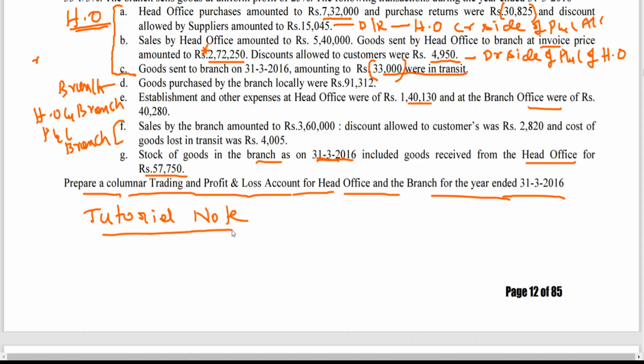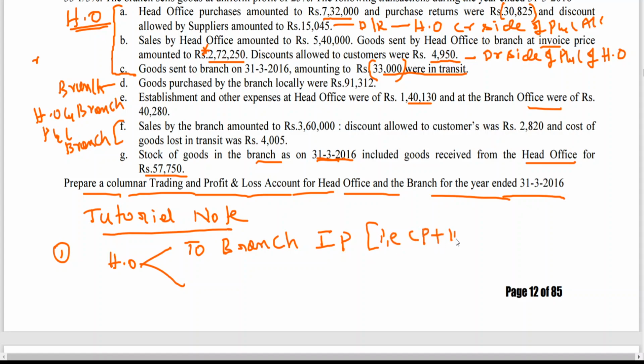Point 1: goods sent by head office to branch is at invoice price, that is CP plus 10%.